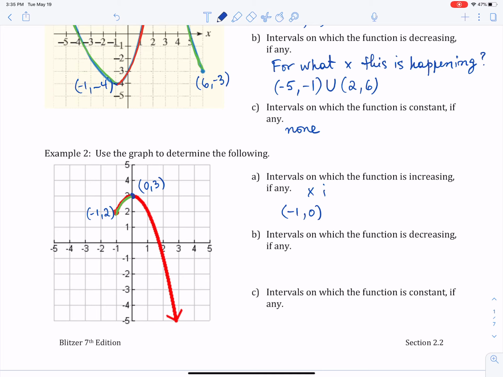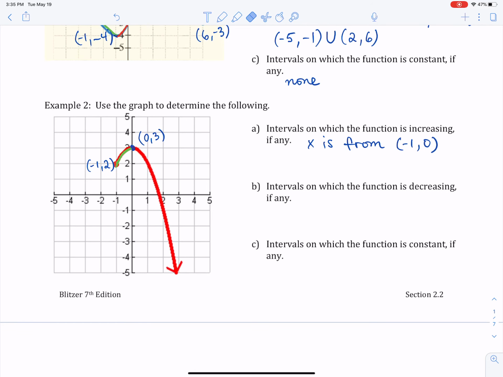X is from -1 to 0. And I purposely put x here so you know what I'm talking about. I'm not talking about points, I'm not talking about y values, I'm talking about what is x, so that happened.